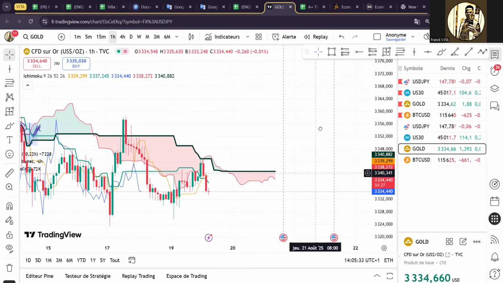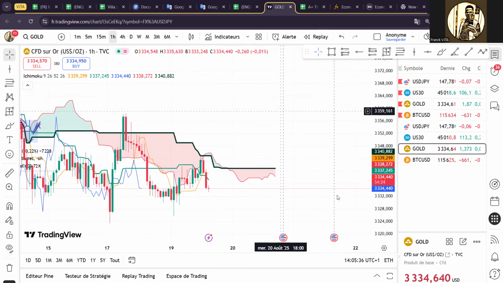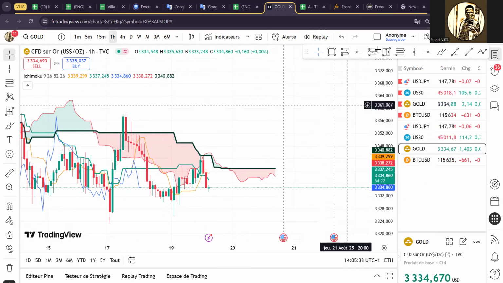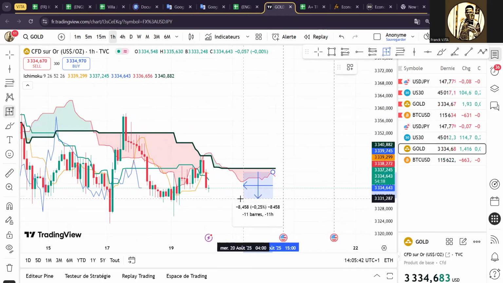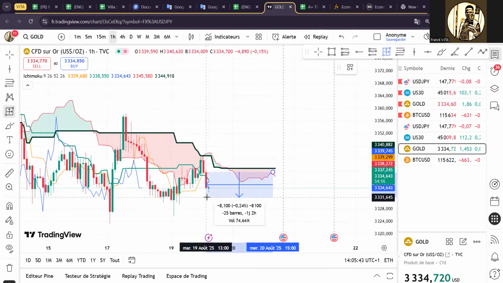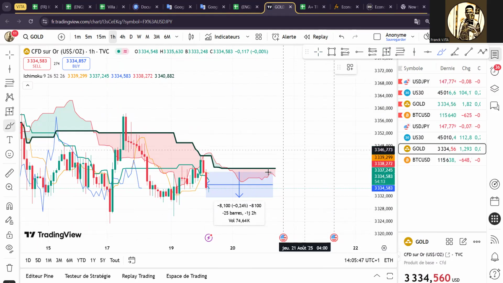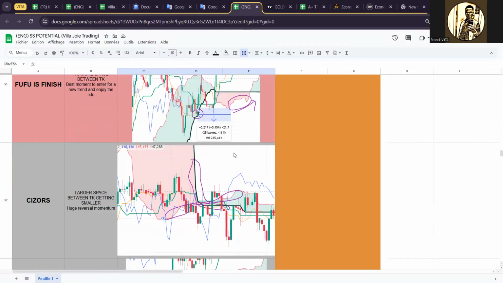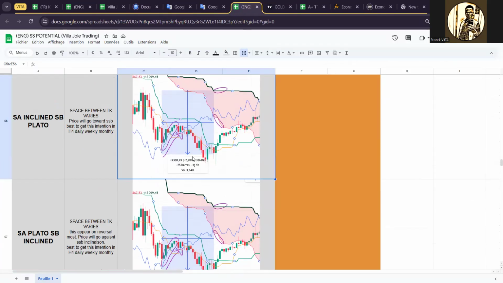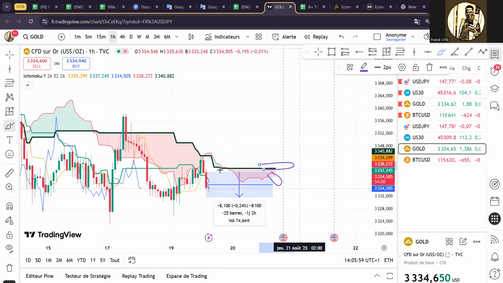Okay. Now what do we got here? We got this one. SSA is inclined down, right? SSB is plateau. It means that the candle must go toward SSB, right? Inclined plateau, that's this one. So the candle must go toward SSB.